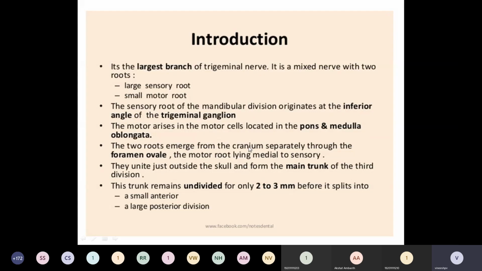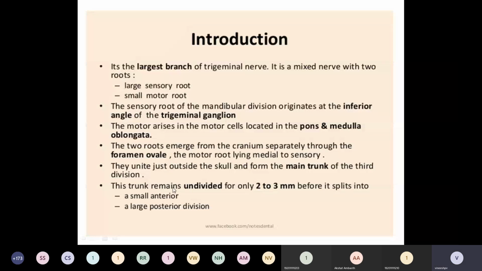Before it comes out from the cranium, the motor root and sensory root are separate, and it comes out through the foramen ovale. As soon as it comes out from the foramen ovale, the sensory root and motor root will join.